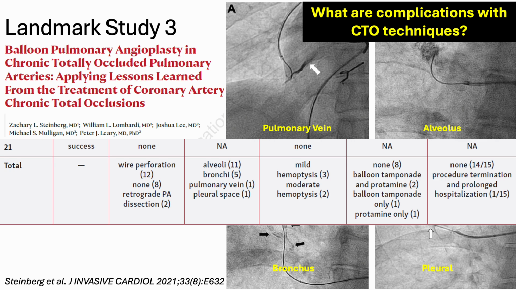And in 1 out of the 15 cases, they had to terminate the procedure early, and the patient had prolonged hospitalization. So in reality, a lot of these patients could be treated conservatively, despite a perforation with the wire and a microcatheter into an extravascular space, which suggests that we can be a lot more aggressive in our approach for balloon pulmonary angioplasty in CTEPH, using carefully thought out, meticulous CTO techniques.